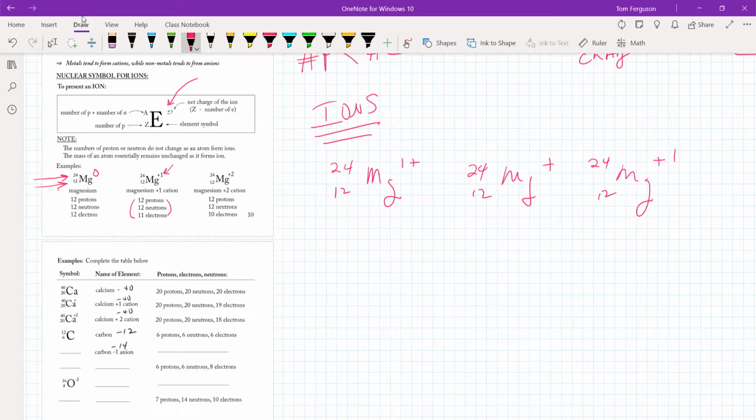And again, this is probably the more official way to do it, but you will see it the other two ways as well. Okay. In this third case here, we've got two extra protons over electrons. That means the charge is going to be positive 2. And because we have a positive charge, we have cations.